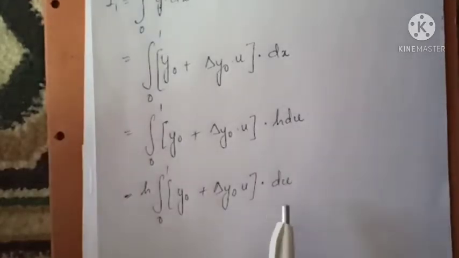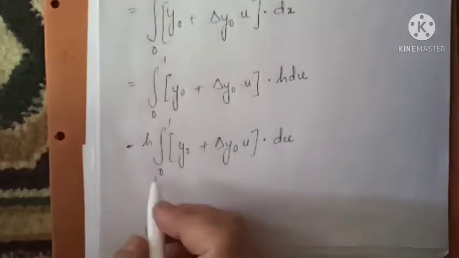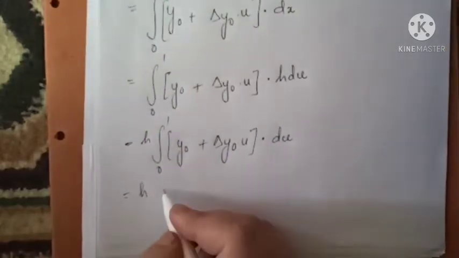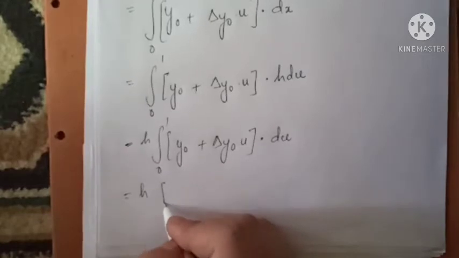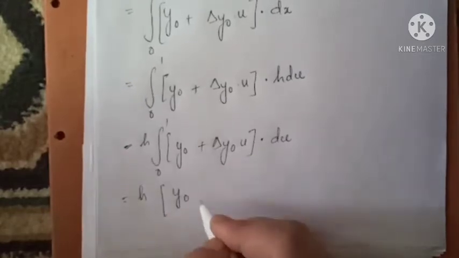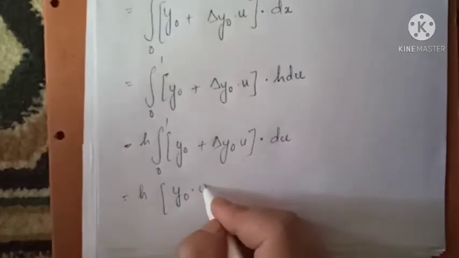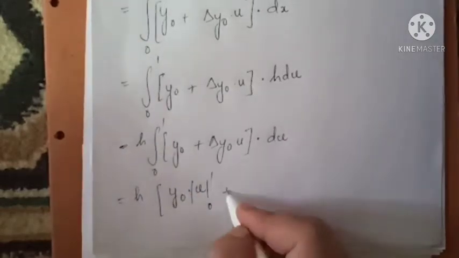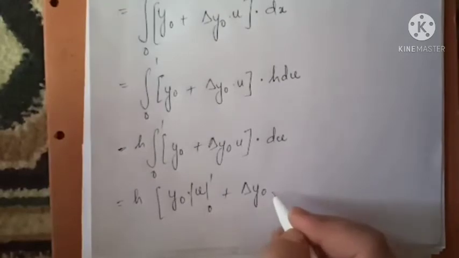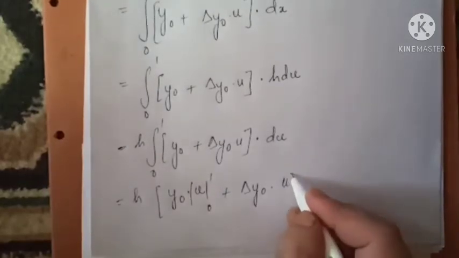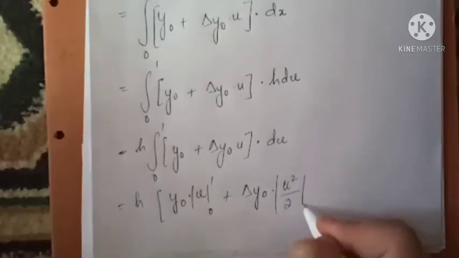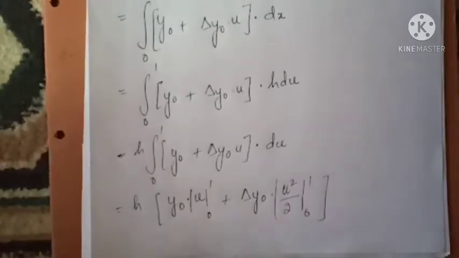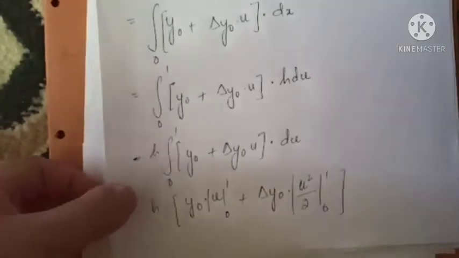Now what we have to do is integrate it with respect to u. So it will be h of y0 times u, with the limits 0 to 1, plus delta y0 times u squared divided by 2, putting the limits 0 to 1.